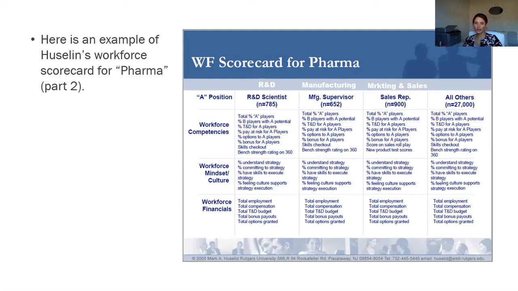They're also going to look at how the individuals, how well they understand the strategy, how well they're committed to it. Do they have the skills? Do they feel like they're part of the organization? And then finally, that very last row, workforce financials.